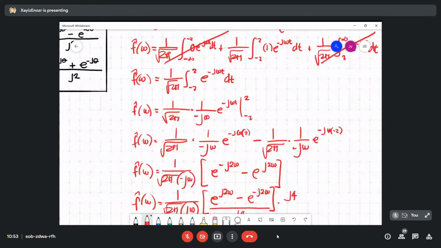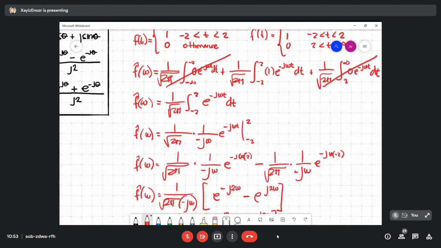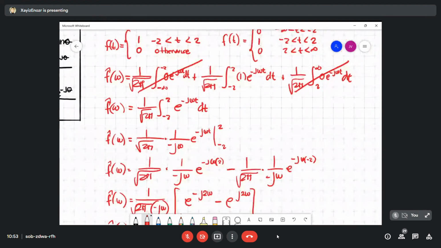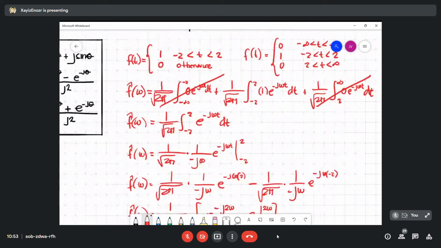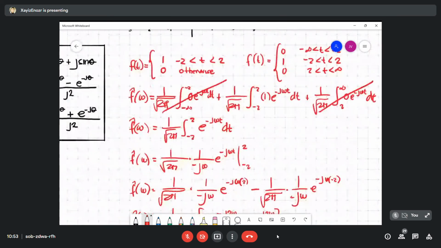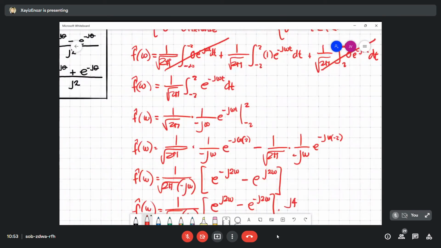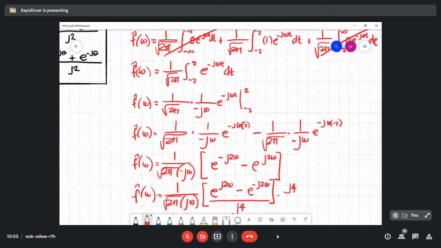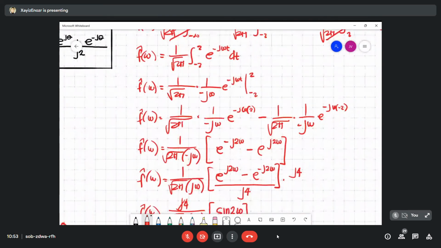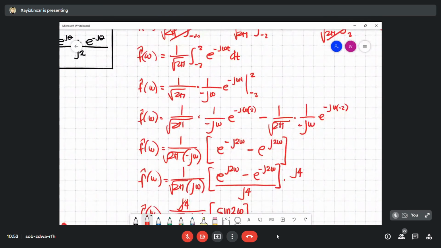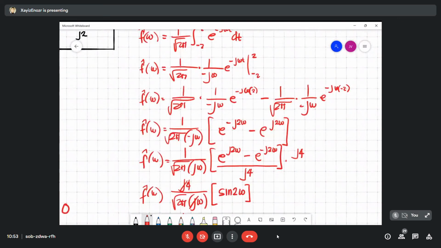So check ko lang kung may nakaligtaan tayo dito. So okay naman siya, 2 pi. Okay. 1, okay, tama naman. 2, okay, 2. Okay, okay.